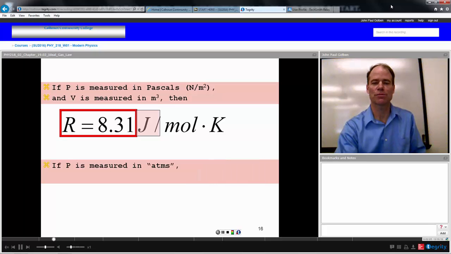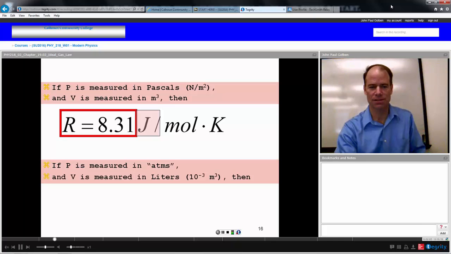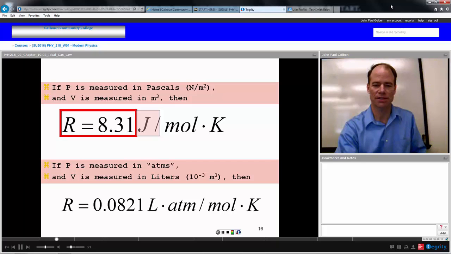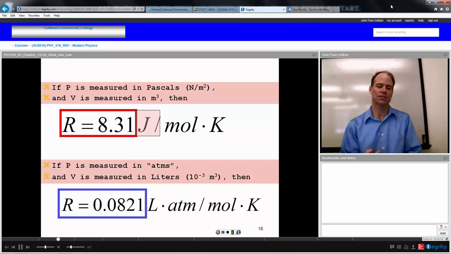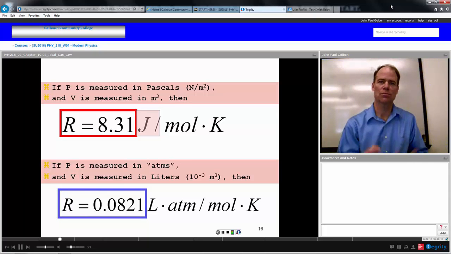But if we measure pressure in atmospheres and volume in liters, 10 to the minus 3 cubic meters, then our gas constant changes a little bit. It is 0.0821 liter atmospheres per mole Kelvin.